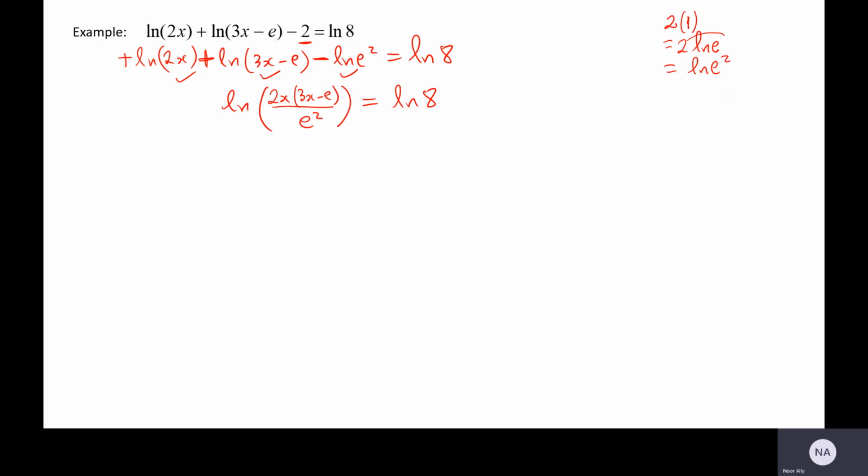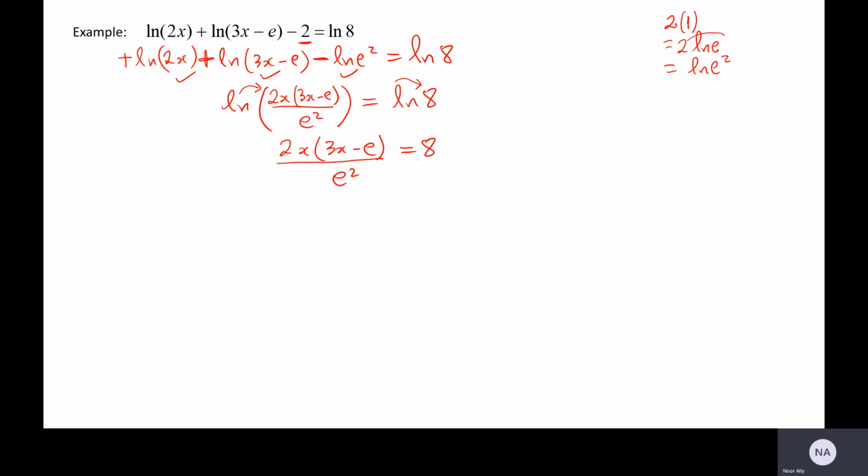Writing as single logs, now it satisfies my property. There's ln on one side acting on the bracket, there's ln on the other side acting on 8. Therefore, this bracket, 2x times 3x minus e divided by e squared, is equal to 8.